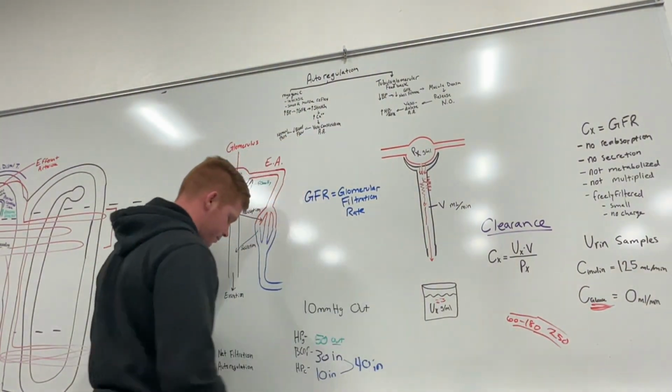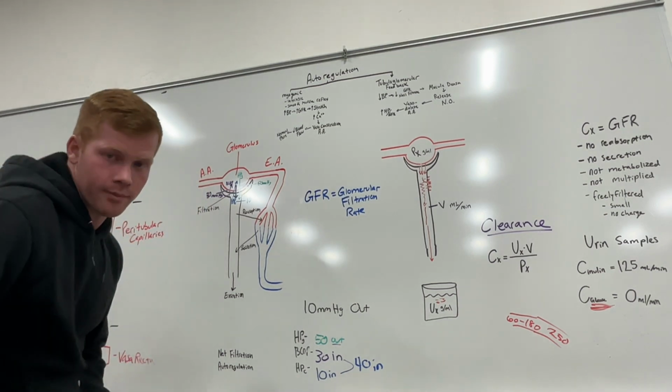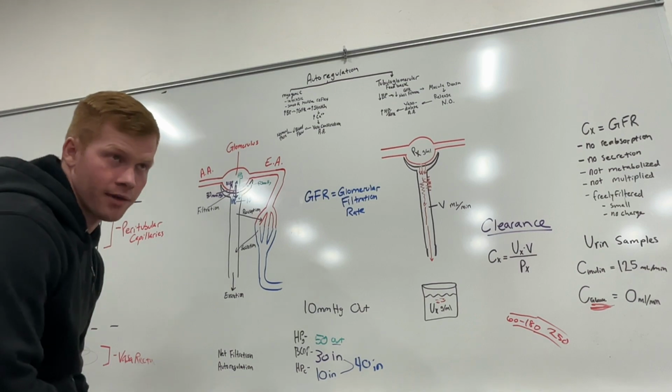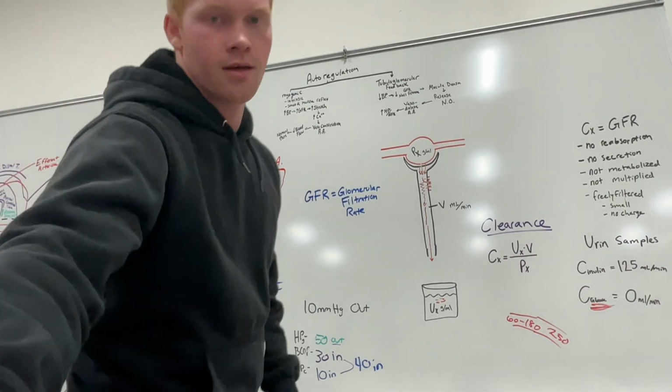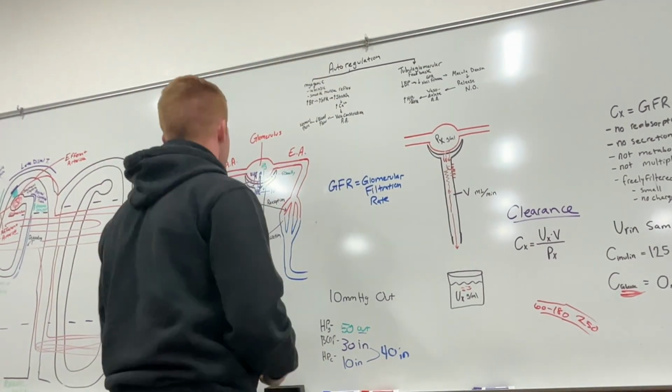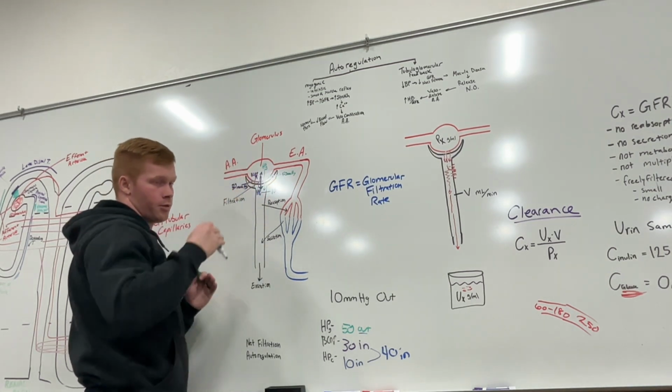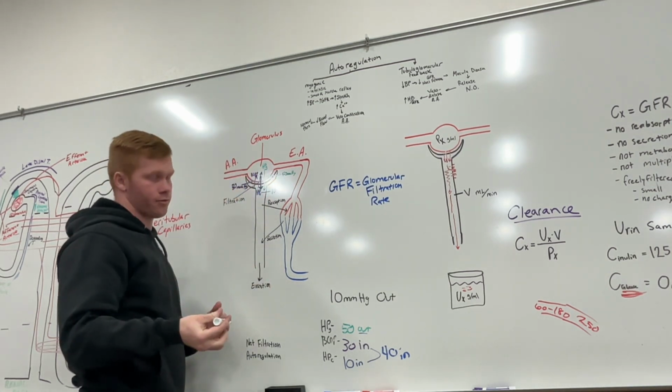Okay. So we talked about the filter. But let's talk about what makes up that filter. We know the filter is filtering stuff from the capillary. We know there's a pressure coming from the capillary pushing stuff out, but not everything's gonna make it through.